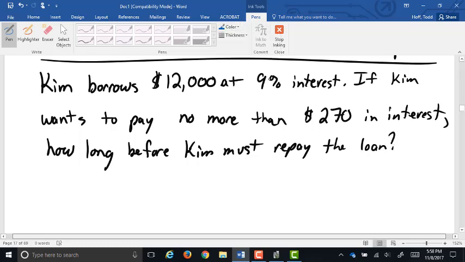So it's the maximum length of time Kim can go and keep the interest still at or below $270.